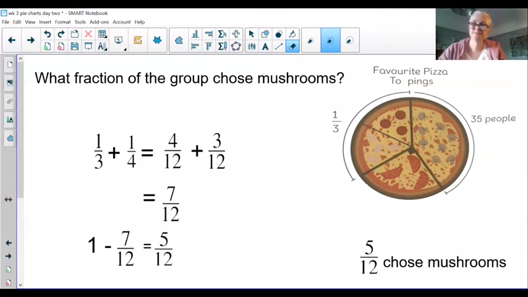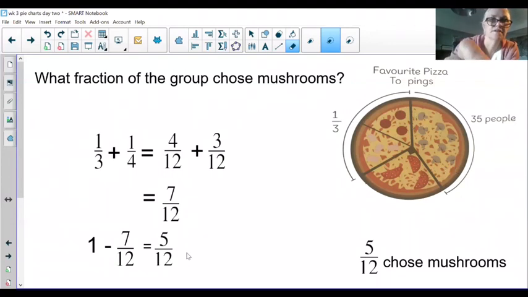Then I want to say this bit here, go back to your picture, this bit add this bit is 7/12ths of the pizza. So I want to know what this bit is. The 35 people, the mushroom section, is going to be 1 whole, take away the 7/12ths, take away this bit, and we're left with that bit, which is 5/12ths.